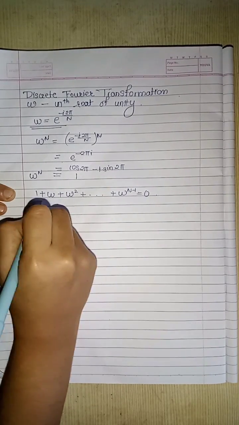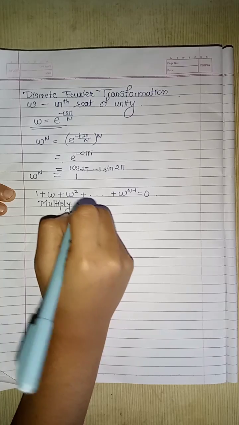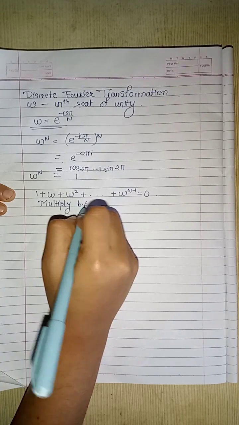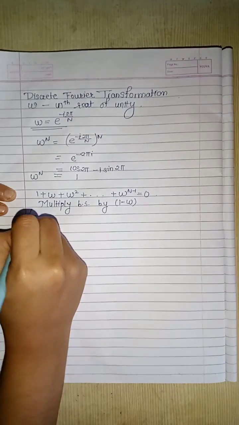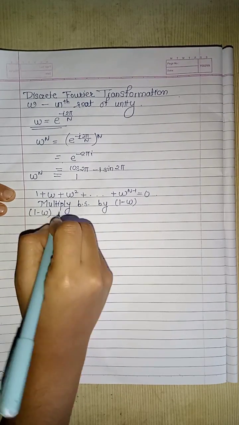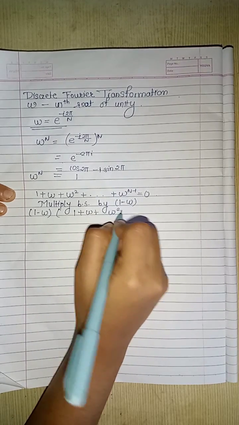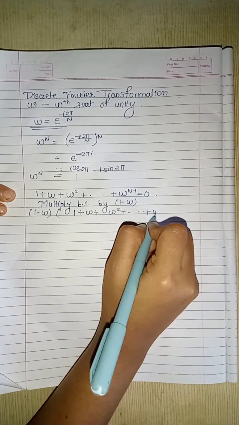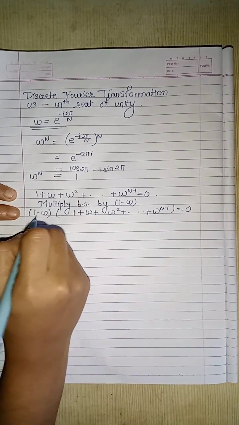On the next step, we multiply both the sides by 1 minus omega. So what you'll get is 1 minus omega into 1 plus omega plus omega square plus up to so on plus omega raised to n minus 1, which is equal to 0.